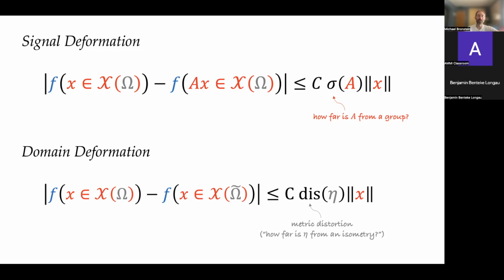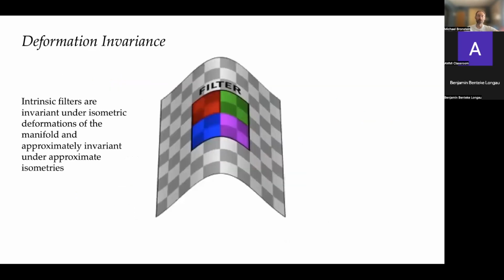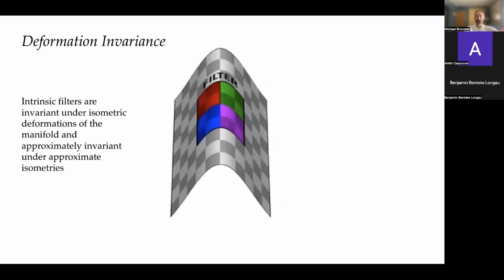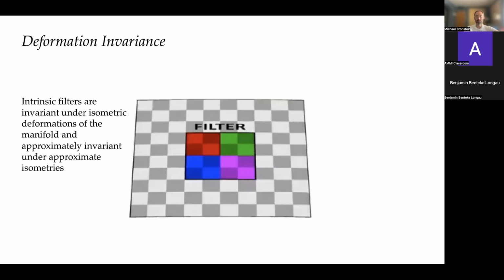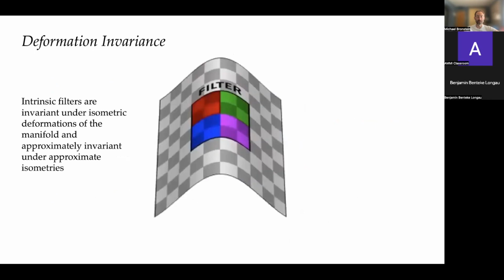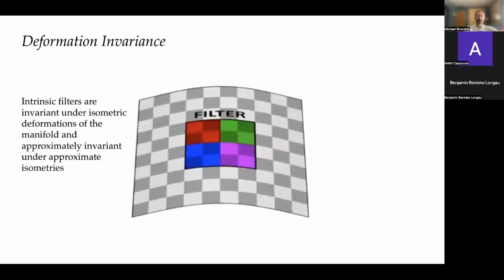For example, I can say how far I am from an isometry by measuring the metric distortion. This way, I can say that my function is approximately isometry invariant. So all these constructions that I described before will be invariant under isometric deformations and approximately invariant under approximate isometries. Okay, any questions so far?